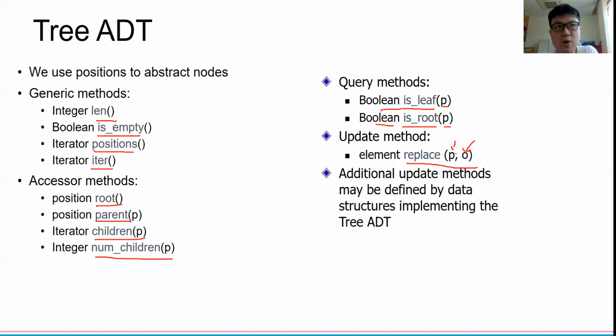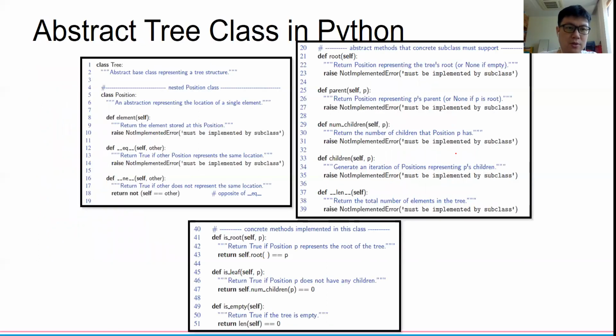And if you have your own implementation, you can try to build your own query methods or other accessor methods. For example, I want to access the internal node. Then yeah, you can do it with your own method. So the abstract tree class in Python, as I mentioned to you, uses the basic idea of the other data structures like the generic methods, but it also contains the position.